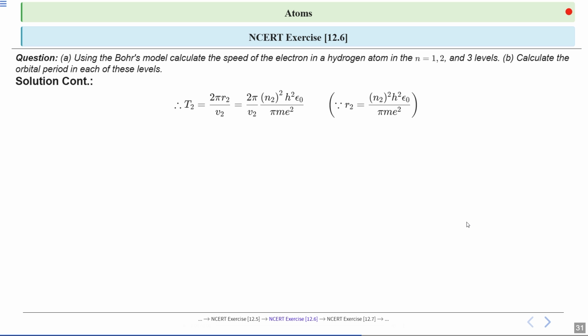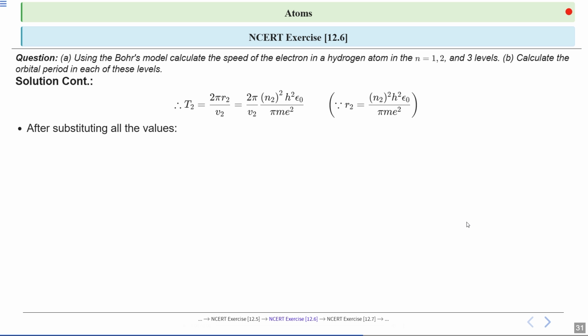Notice how we have substituted the expression of R2 from the Bohr model, which depends on the quantum number n, Planck's constant h, permittivity of free space epsilon naught, the mass of the electron m and charge of the electron e. All variables are in SI units. And the formula for time period T2 becomes 2 pi n2 squared h squared epsilon naught upon V2 pi m e squared.